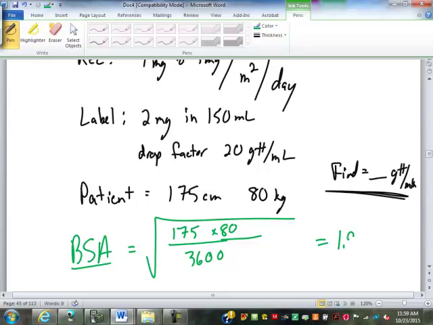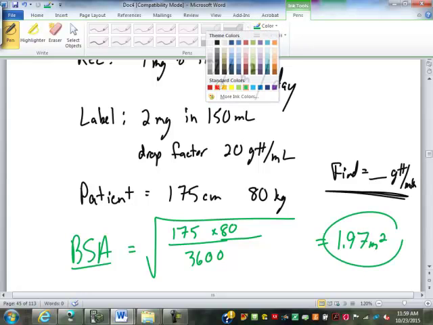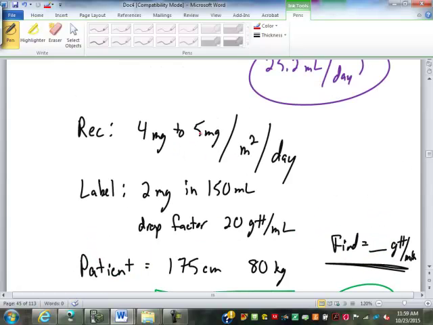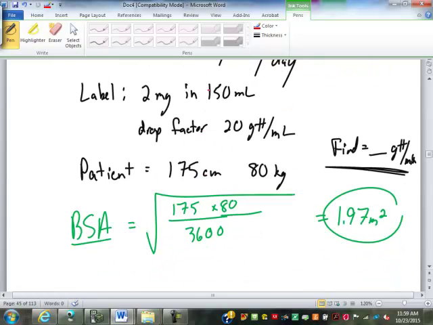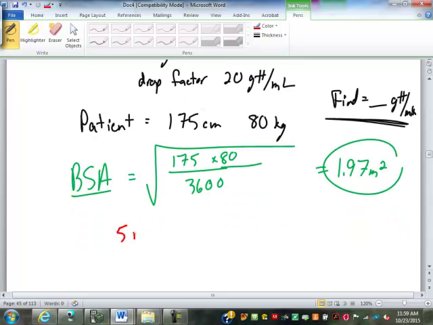1.97 meters squared. And this is a titration. We've got 4 to 5, so you want to use the 4 or the 5? 5, okay. 5 milligrams per 1 meter squared.